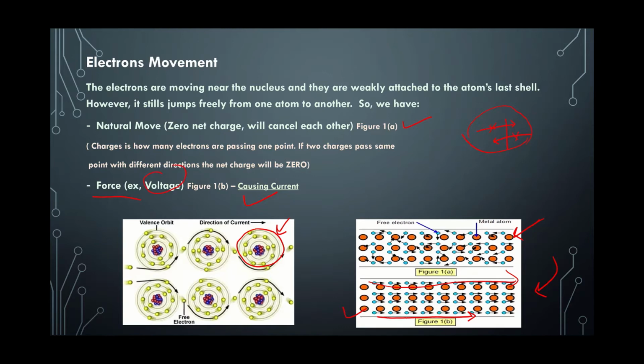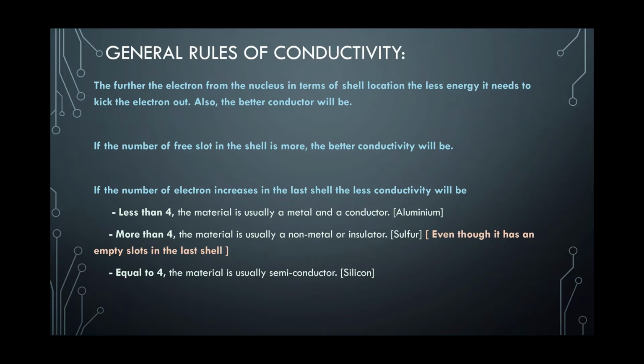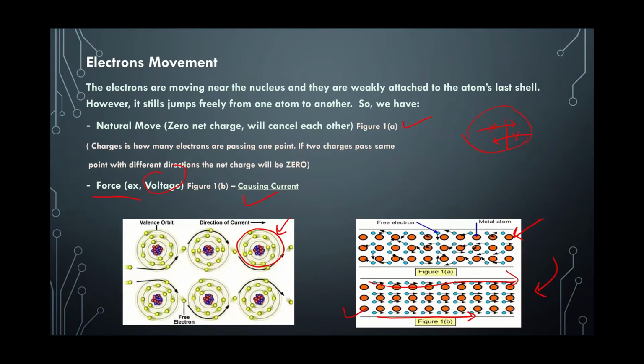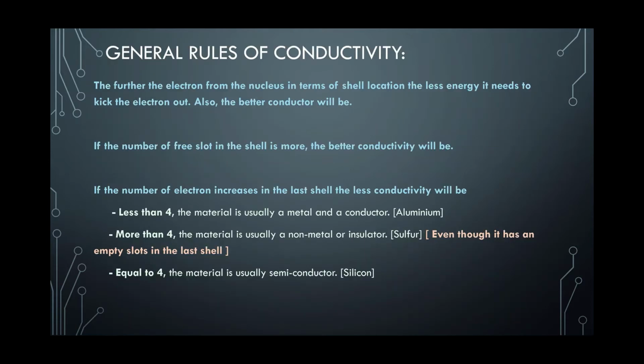And this force, we call it the voltage. So basically, if we want to apply a general rule to know the conductivity of the material, the conductivity is how I can move an electron from one atom to another to cause an electric current.